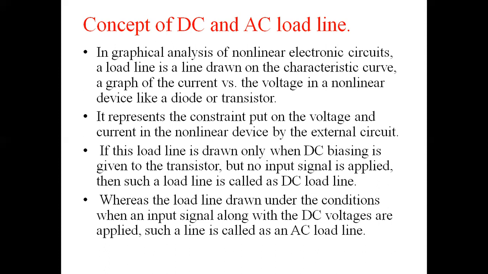Whereas the load line drawn under the conditions when an input signal along with the DC voltage is applied, for example, for the same transistor, if we connect an AC input signal and draw the load line considering the input signal along with the DC voltage, such a load line is considered the AC load line.